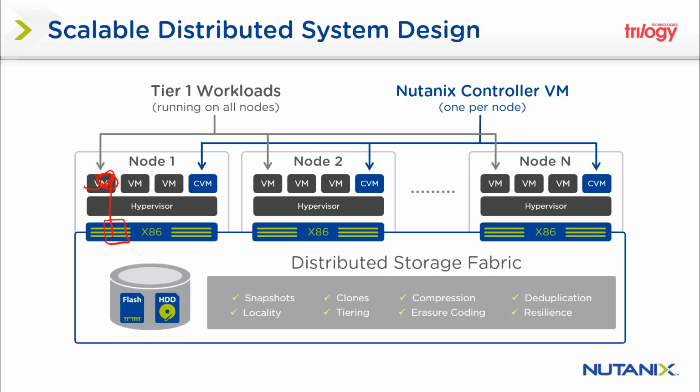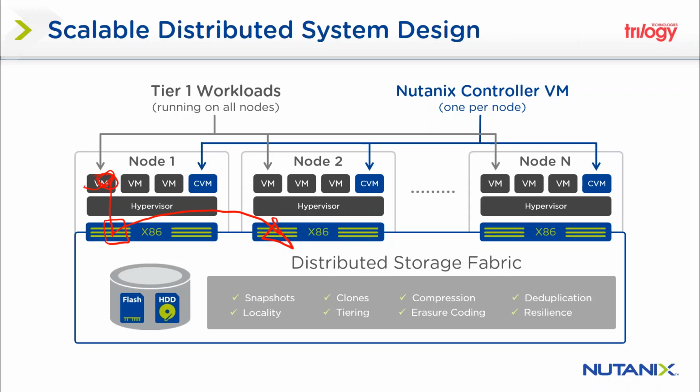Immediately, that block of data is replicated to another node. So the data exists on 2 nodes, or 3 if that's what you want to configure, at all times. So as the VM reads data, it will always find its data locally. So the VM will be reading off directly attached PCIe flash.